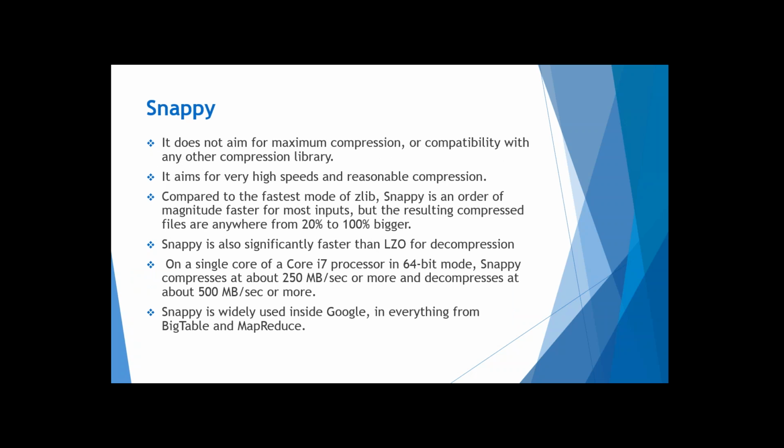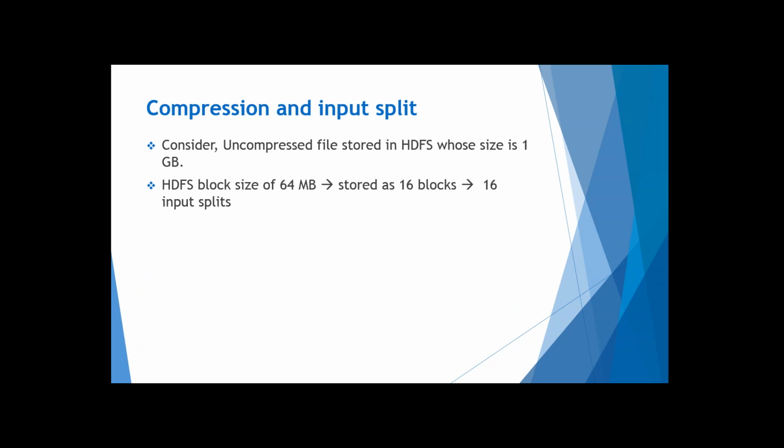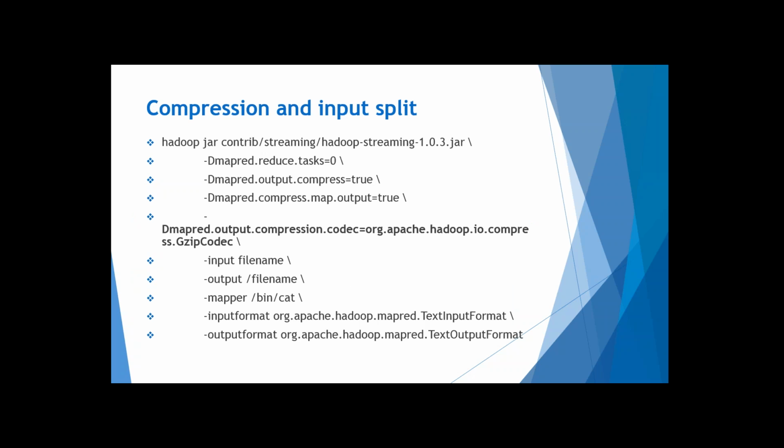There are a few other facts comparing Snappy and LZO on compression and decompression over here. Okay, so this is an example where we are using the compression. This is an example of Hadoop streaming, where we have not created any Java code, but we are using a Unix program as a mapper and reducer. We'll talk about Hadoop streaming sometime.